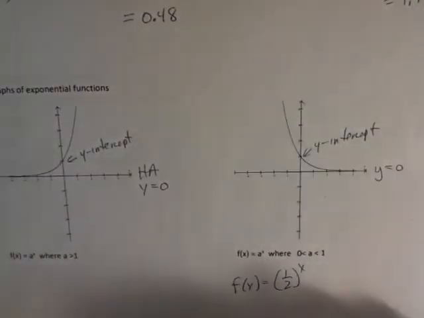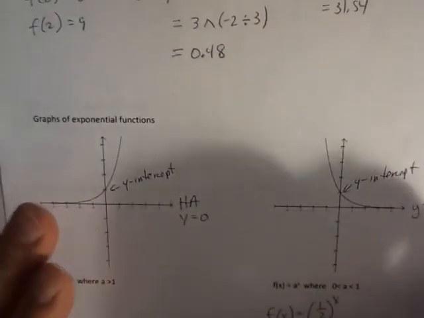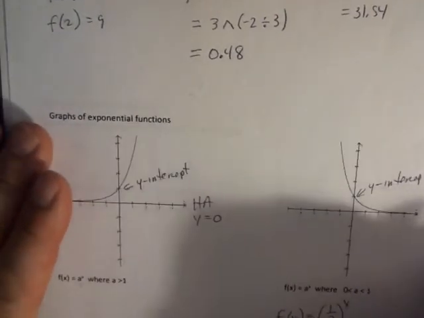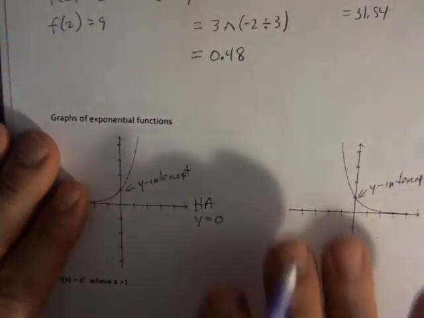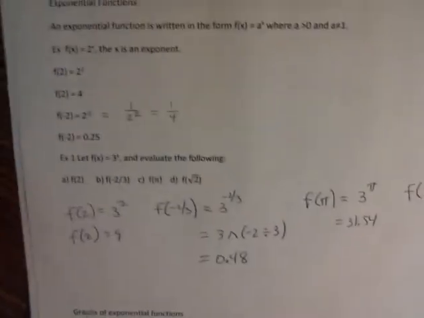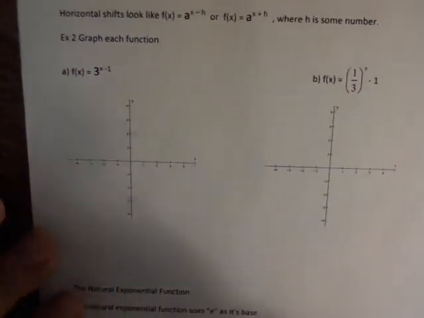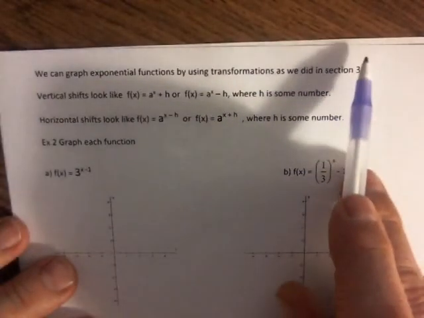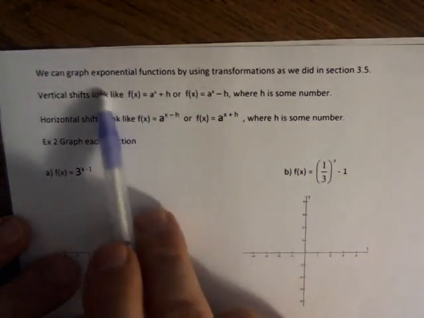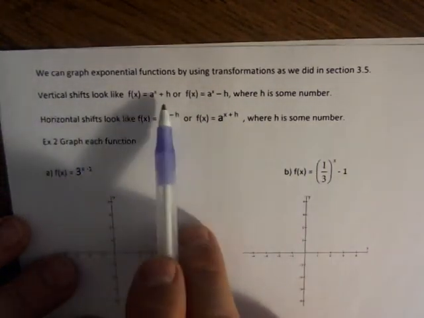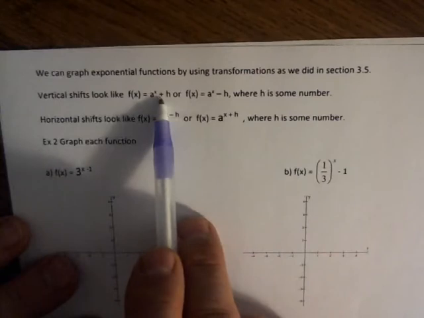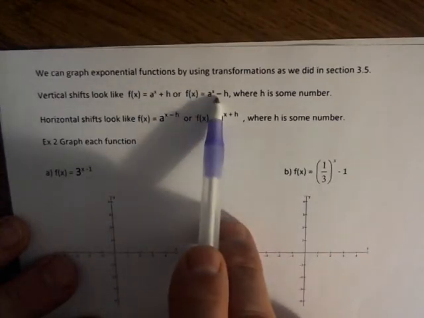So we're going to look at graphing these by shifting up, down, right, left. Okay? So it's kind of like what we did in section 3.5. So vertical shifts are going to look like plus a number or minus a number. It's not in the exponent.